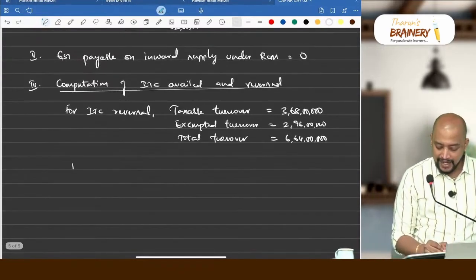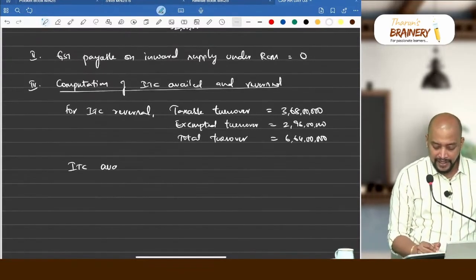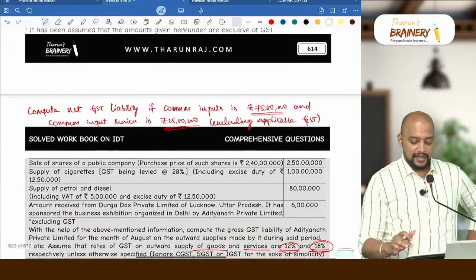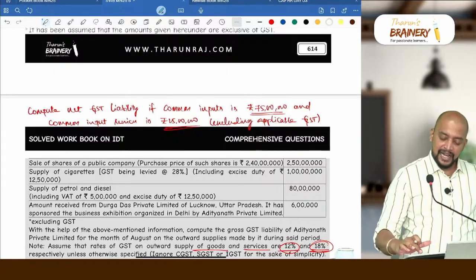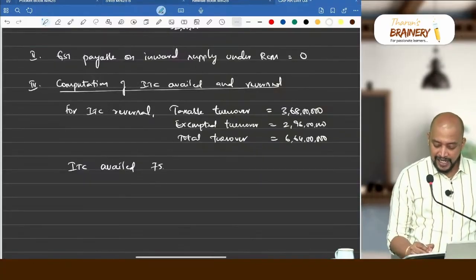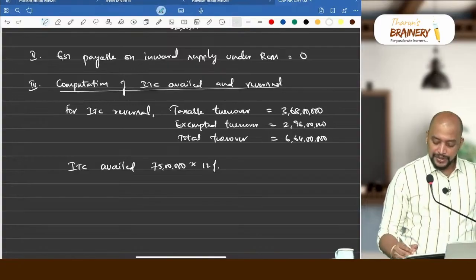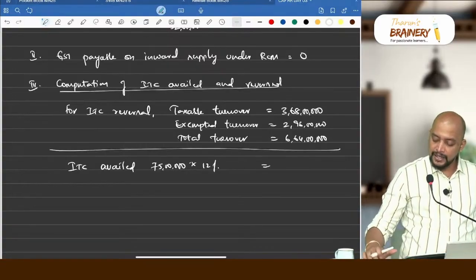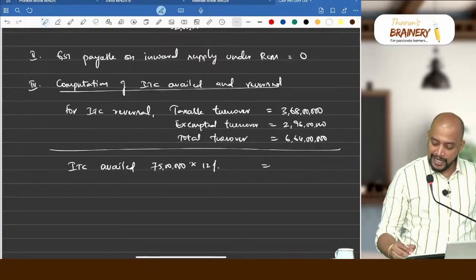Now ITC availed. That is given in the question, so that's what we have added: 75 lakhs and 25 lakhs. So 75 lakhs into goods, into 12%. 75 lakhs into 12% will be 9 lakhs.